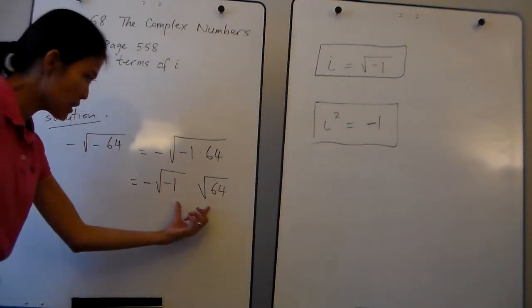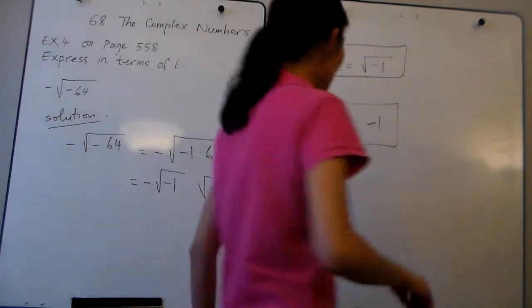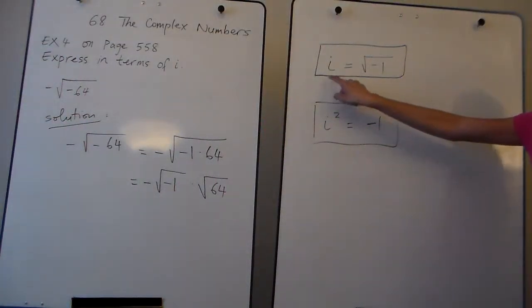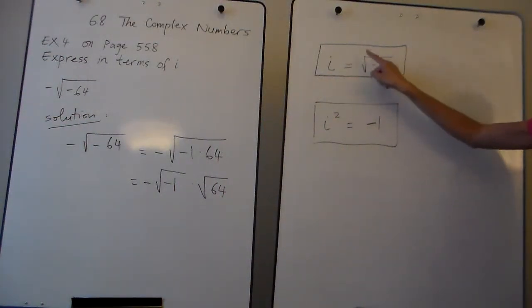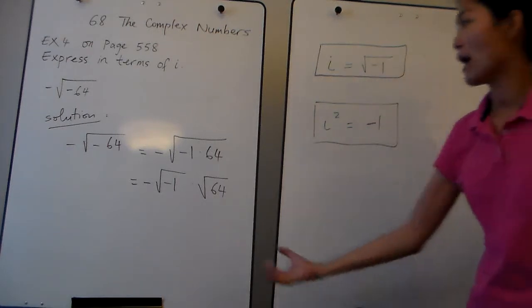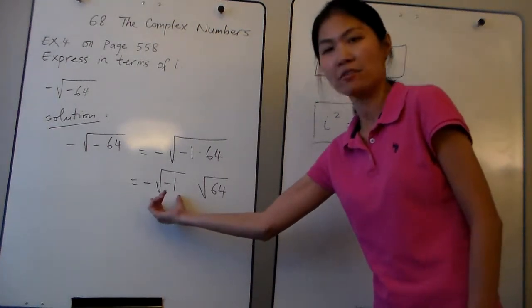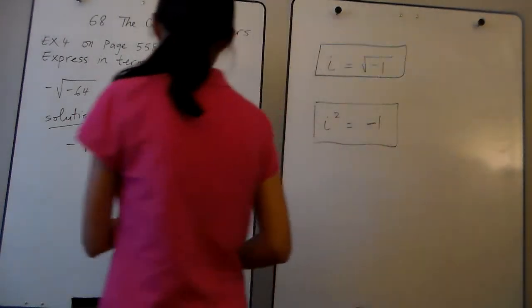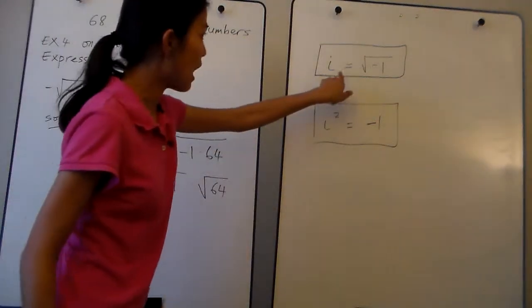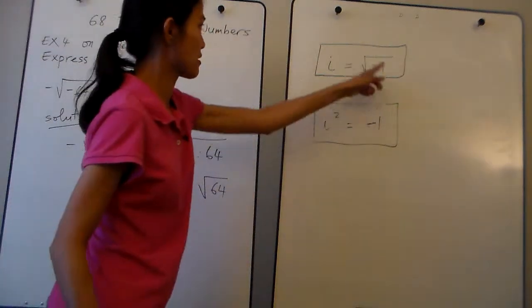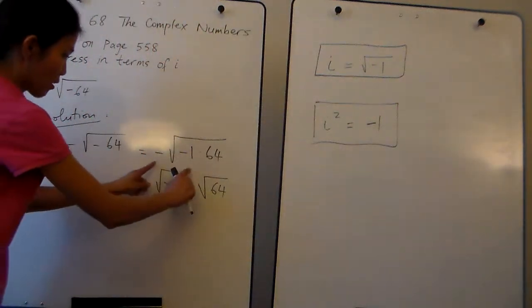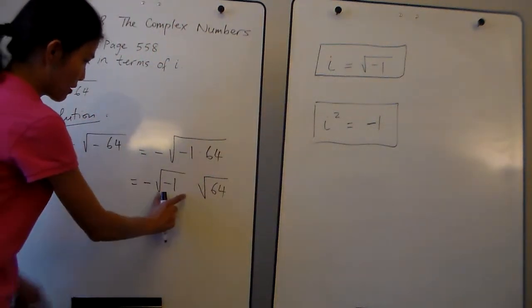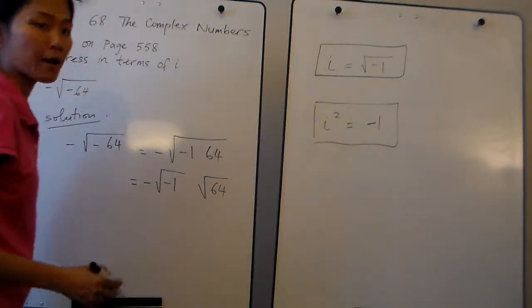The reason I want to split to this form is because the definition of i is equal to square root of negative 1, and we have square root of negative 1 here. So I'm going to replace this whole first radical right here with i.